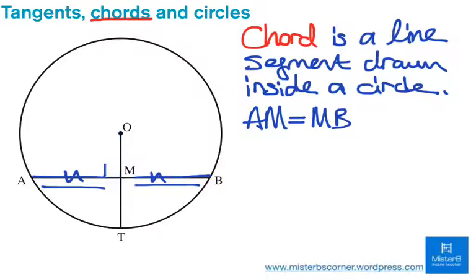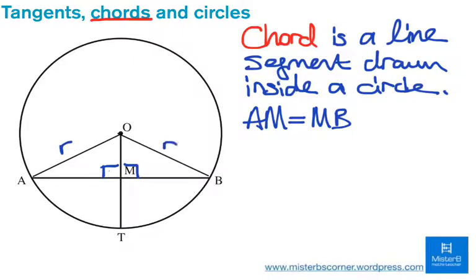Another thing you should remember is Pythagoras. Now, you may not see Pythagoras here, but when you join A and O and B and O like that, you end up with right triangles on both sides. So obviously these are the radii, right?